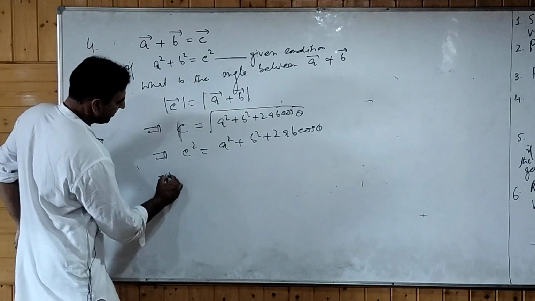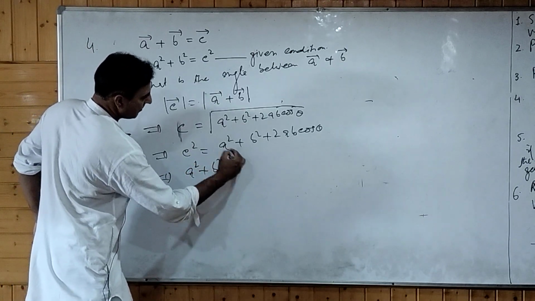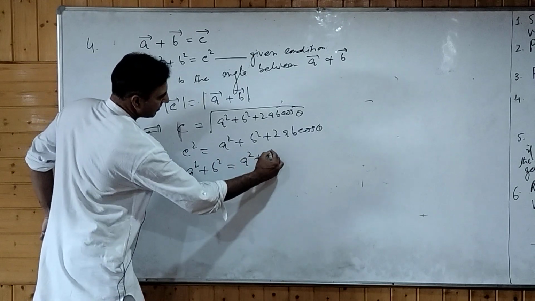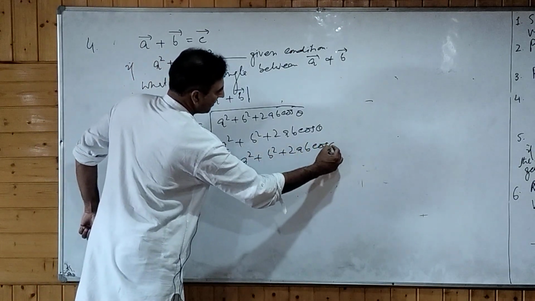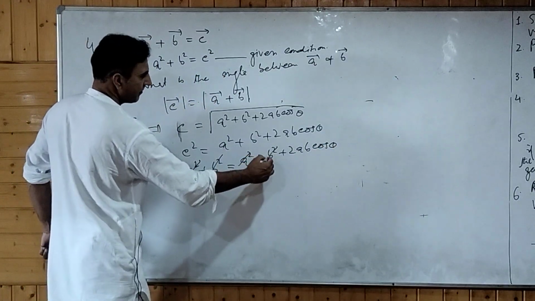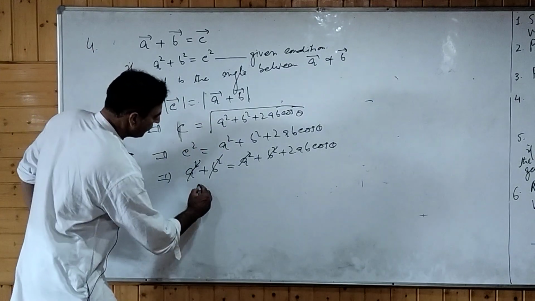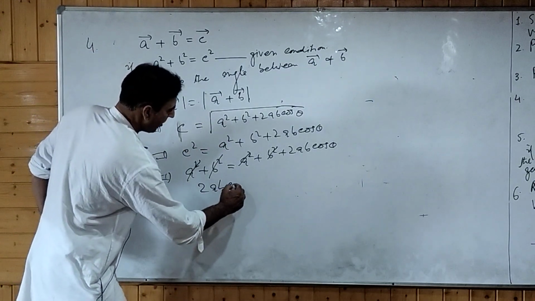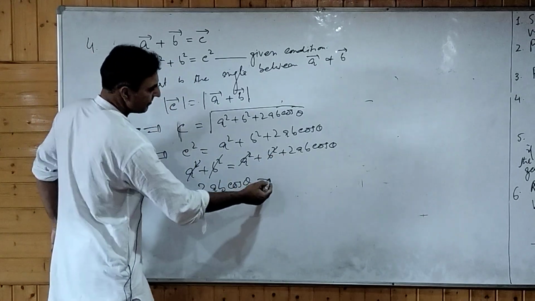So A square plus B square is equal to again A square plus B square plus 2AB cos of theta. It will be cancelled. So what is the final equation? 2AB cos of theta is equal to, from the left side there is nothing left, it is 0.